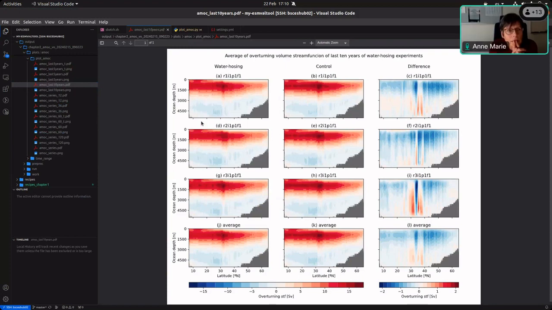Well, I don't know whether you have read this paper, Marion de Villiers and Didier Swingedouw, I think it's 21. What she did was a 20 ensemble member experiment with the IPSL model, a 1 degree, low resolution model. She applied hosing that was similar to Greenland melting, so it was realistic and in a historical setting, with climate change included.